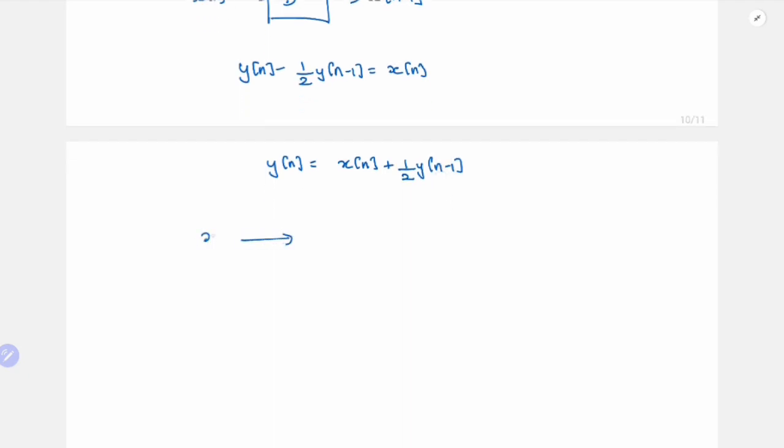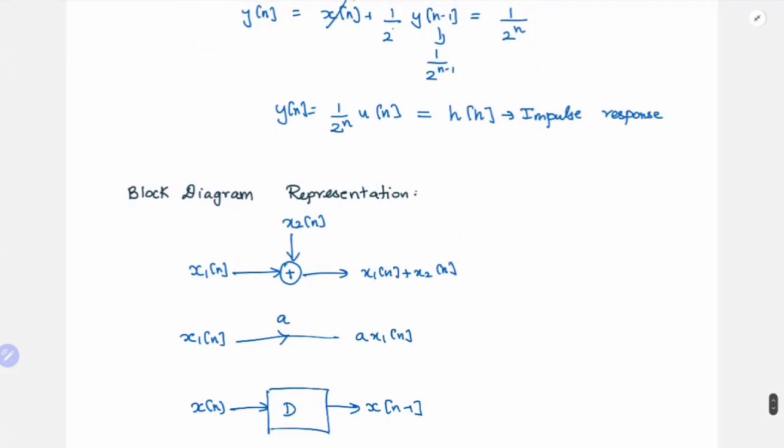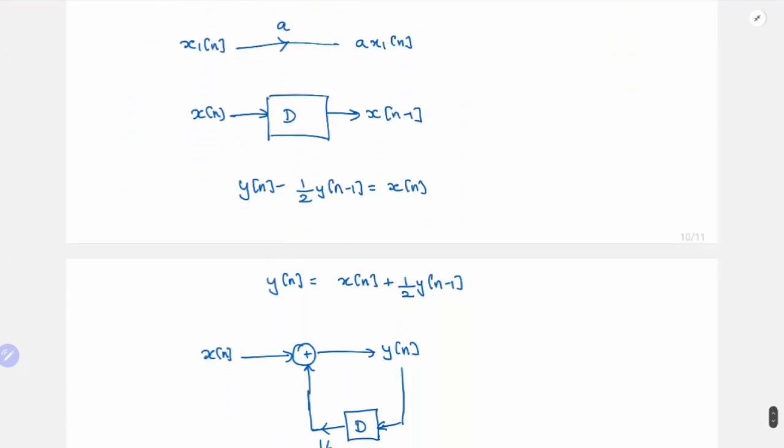So I have x of n and I need to add it with this signal to get y of n. So this y of n, I take it and I need to get y of n minus 1. So I use a delay operator. And then what I do? I need to multiply this with half. So I do like this. So if they give you this block diagram, you should also be able to get back this equation, right?